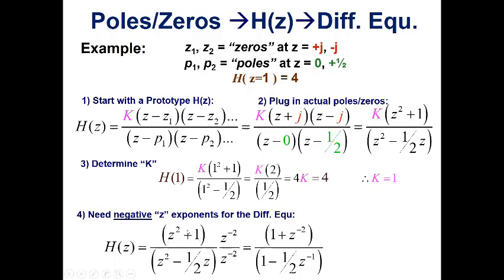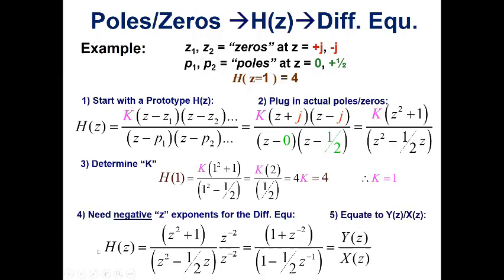To get to the difference equation, I want negative powers of z. I want time delays, not time advances. So what we usually do is look in the denominator, see what the highest power of z is, and multiply the top and bottom by the negative of that power of z. When we do that, the z squared becomes 1, the minus 1/2 z becomes minus 1/2 z to the minus 1, and the numerator becomes 1 plus z to the minus 2.